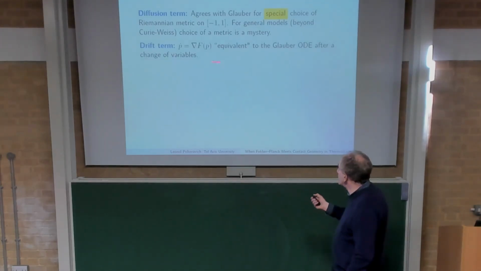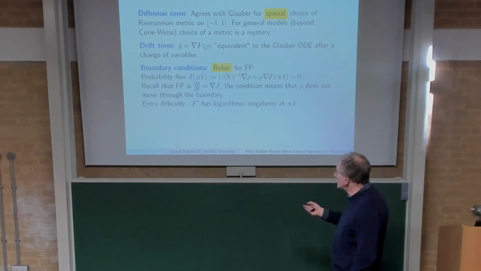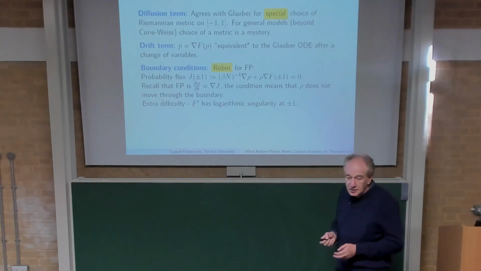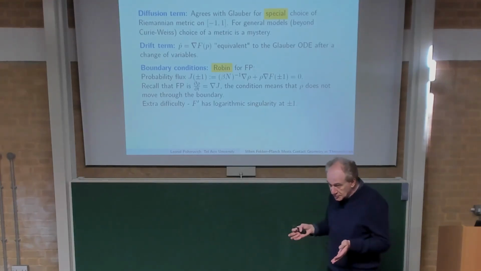Okay, and then you really prove that the drift term is equivalent, up to some transformation, to the Glauber ODE after a change of variables. But now you have to do this carefully, and on the segment minus 1, 1 you have a bunch of problems.